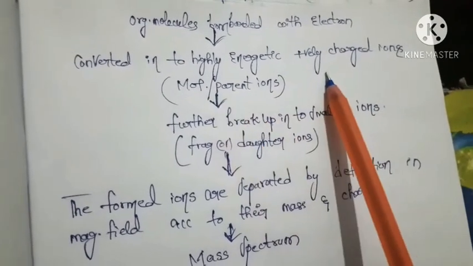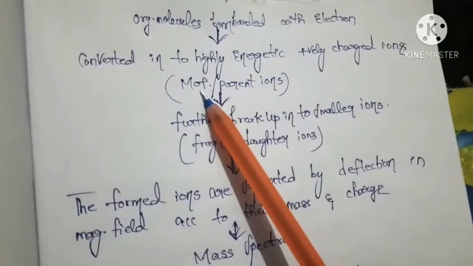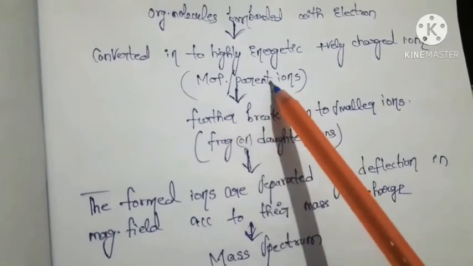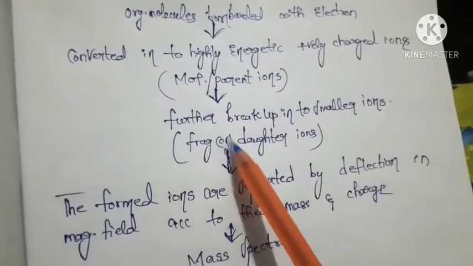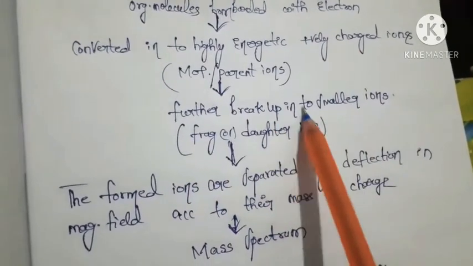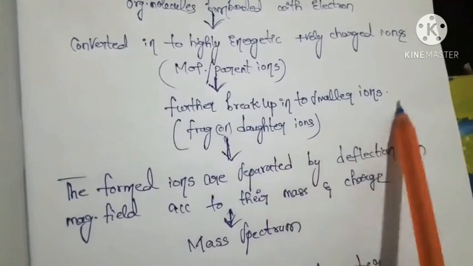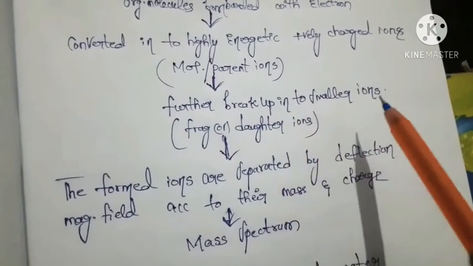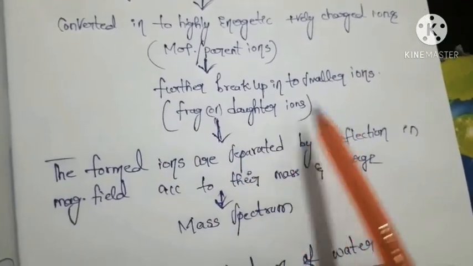Along with the positive charge, they will definitely have the radical. So we can call them molecular ions or parent ions, and they are highly unstable, so they further break up into smaller ions. We can call those smaller ions fragment ions or daughter ions.